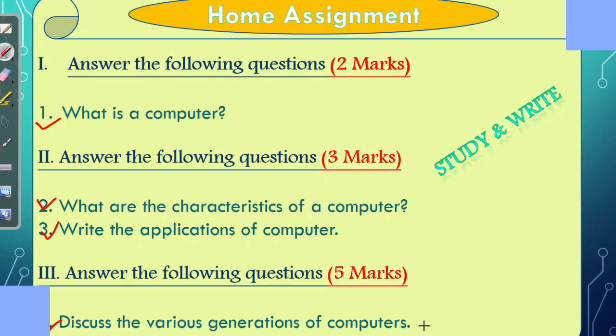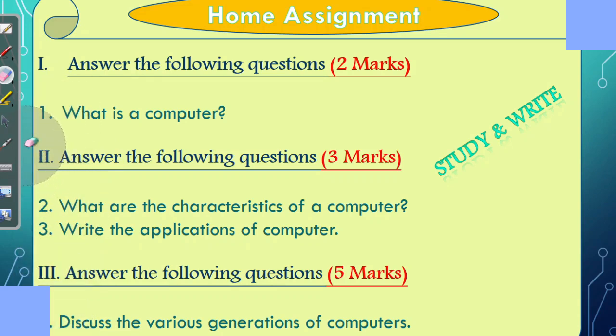I already told you it is a very important 5-mark question. Okay, you have to list which generation, which year, what the tools and main components used in that are, and what the merits and demerits of this are. Like that you have to mention and write.